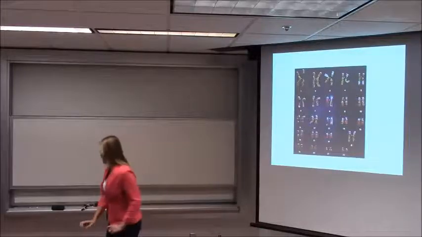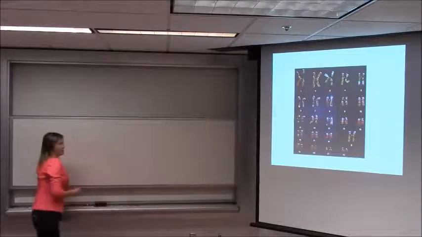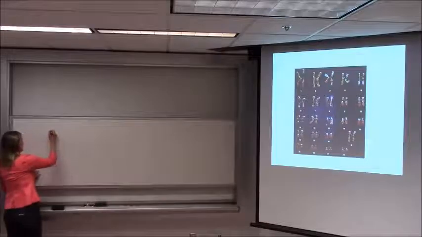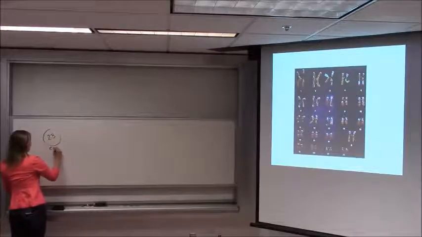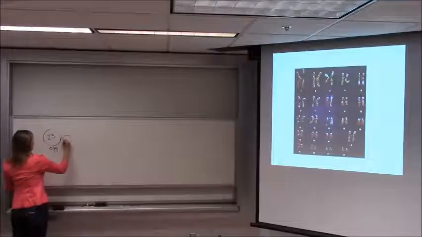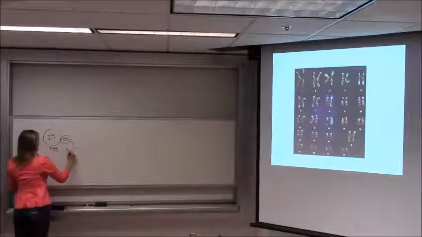So let's look again at a human karyotype, and just remind everyone that we have 2 of each chromosome. So we have 46 chromosomes as humans, 23 pairs. We got 23 from the egg that made us, and 23 from the sperm that made us.